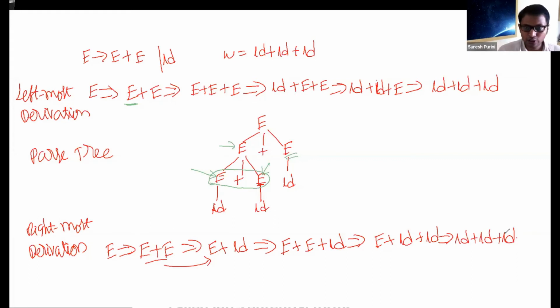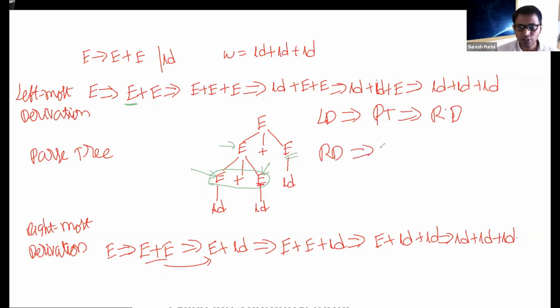So this is leftmost derivation to parse tree, and from the parse tree we constructed the rightmost derivation. What is important is you might as well start with the rightmost derivation and construct the parse tree; you get the same parse tree.